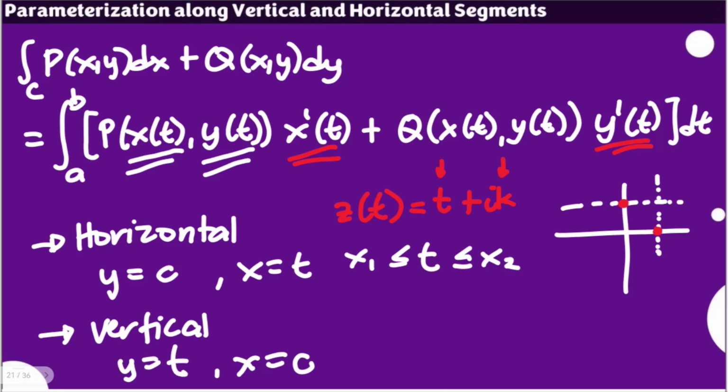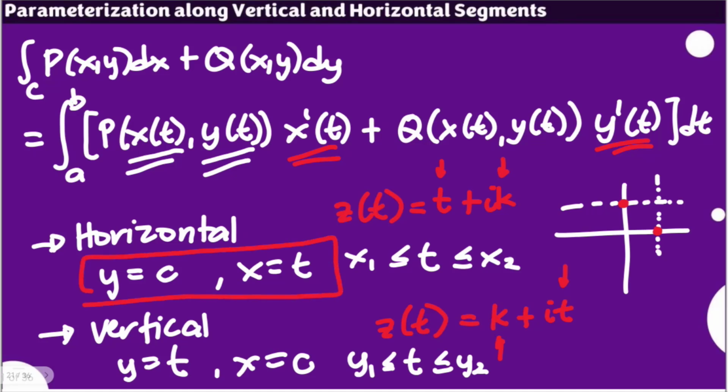This is also similar to the parameterization for the complex line integral for a vertical line segment, expressed as k plus it, where your x value is constant but your y changes. Your t here would be between y sub 1 and y sub 2. We're going to use this when we come across examples later on solving the real line integral along a path of vertical or horizontal segments.